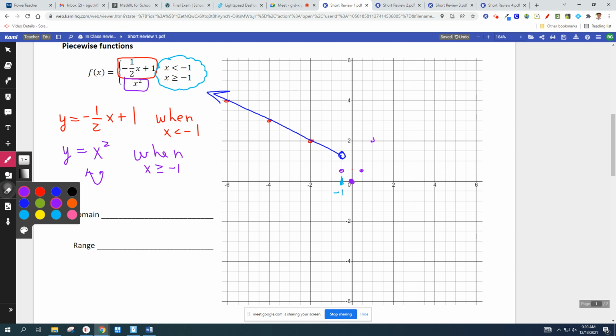Oops, that's not 1, I forgot about my scale. This is over 1 and up 1. Over 1. I totally messed up the scale, didn't I? Shoot. That is -1.